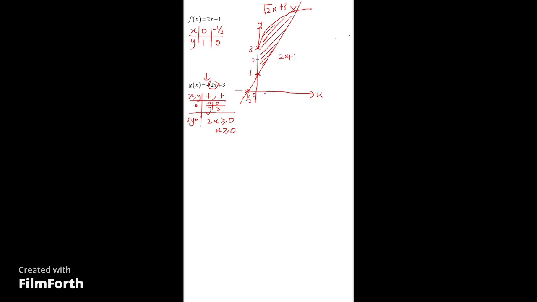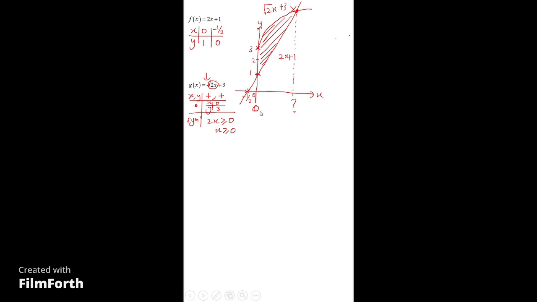Okay, but here you need to find the limit. The lower limit is 0, and for the upper limit you need to find it. To find the upper limit, you need to use simultaneous equations.